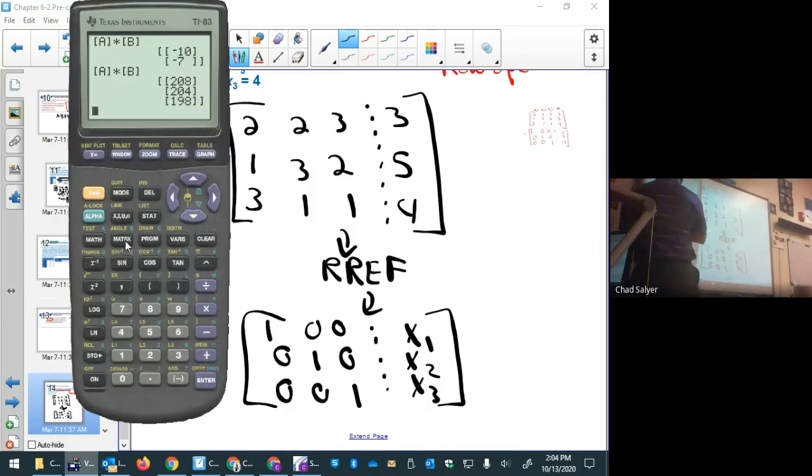So let's do that. Go to your matrix, edit A, make it a 3 by 4, which it already is here. So 2, 2, 3, 3, 1, 3, 2, 5, 3, 1, 1, 4.